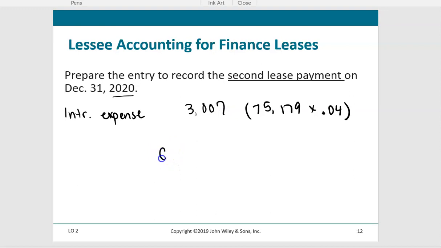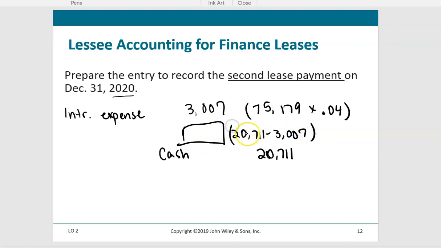We know that the cash payment that is going to be made on December 31st of every year is going to be $20,711. And that difference between the cash payment and the amount of that cash payment that relates to interest results in a decrease to the lease liability. So we decrease or debit the lease liability, $17,704.